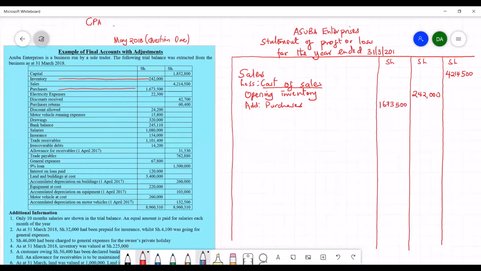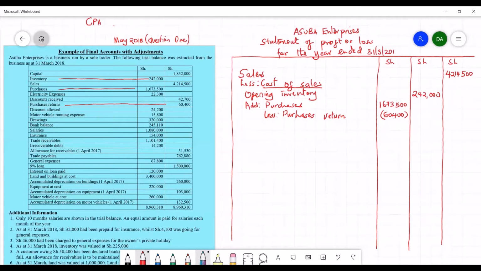Then you make adjustment by saying less return outwards, or purchases return. And purchases return is this item here, which is equal to 60,400. We don't have carriage inwards again, and therefore we don't need to put it anywhere.